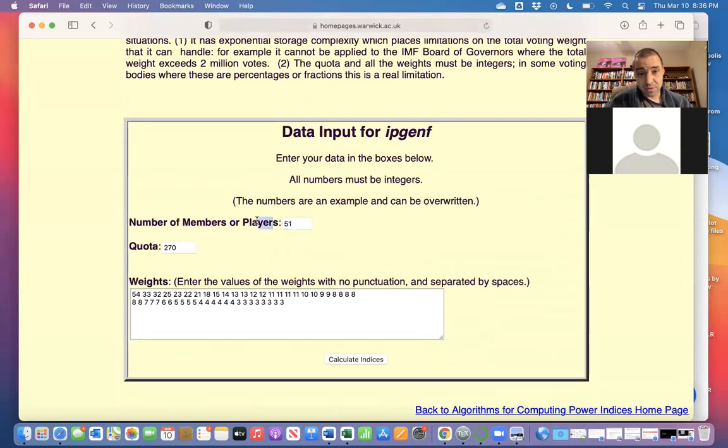Players in the weighted voting literature just means voter. So in our system, we have 4 voters. The quota is 51. And then it says enter the weights with no punctuation, so there's no commas here. So I'm going to type 27 space 26 space 25 space 22. And then I click calculate indices.